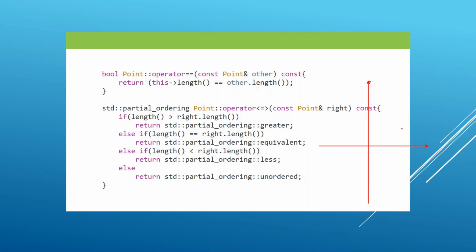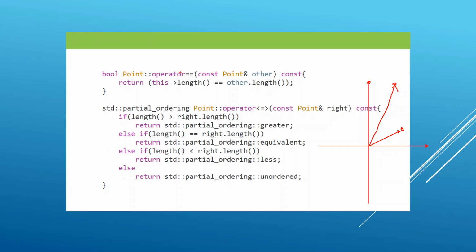If we have a point here, for example, it is going to be less than a point whose distance is further away from the origin point. So this point is going to be greater than the point we have here. And this is the relationship we want to set up here and use the 3-way comparison operator to help us generate all the other operators.